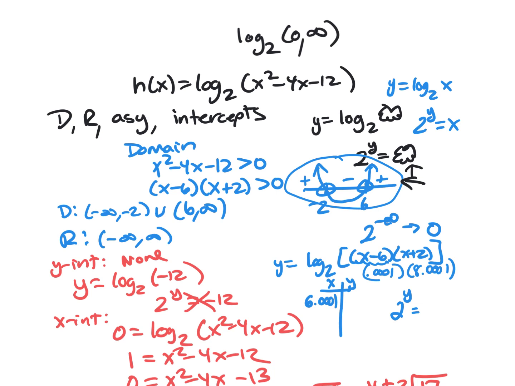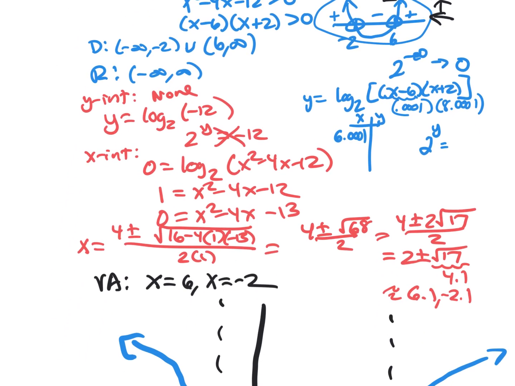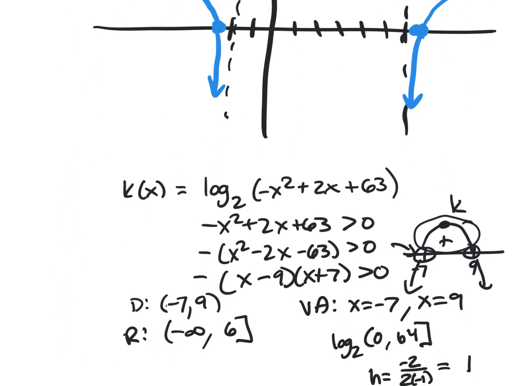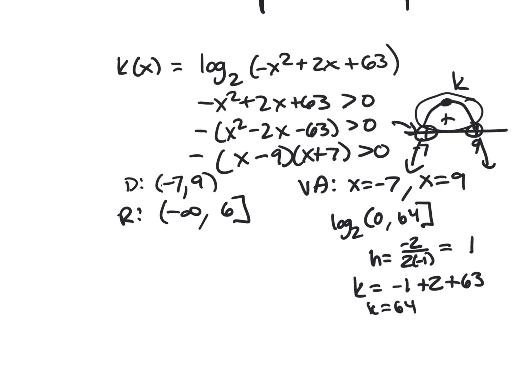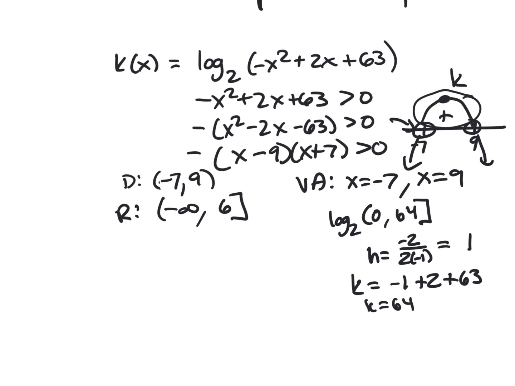So thinking about 2 to what power gives me 0, negative infinity. 2 to what power gives me infinity? Infinity. So again, finding the range of what's varying, which is the parabola in both these problems, helps you find the range of the whole problem. Okay, I should have probably done that from the beginning instead of explaining all the logic, although I was using it to help explain the vertical asymptotes too.